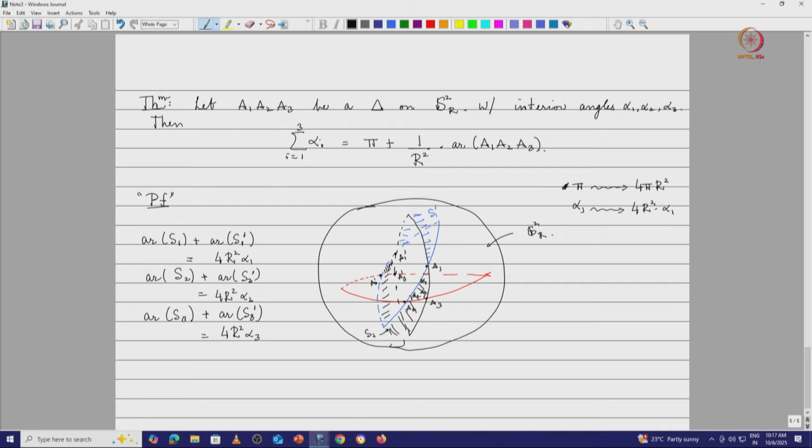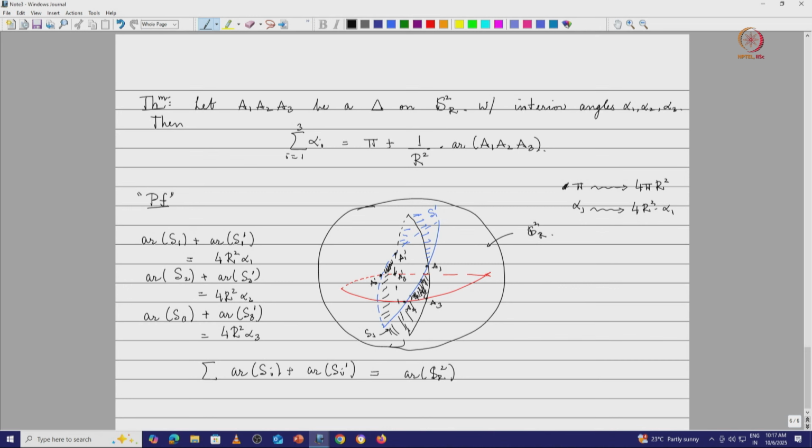On the other hand, each of these triangles is counted once in each of the sectors, right. So if you add up the areas of these sectors, that's basically going to be the full area of the sphere.